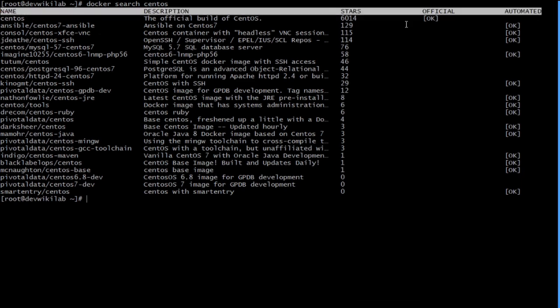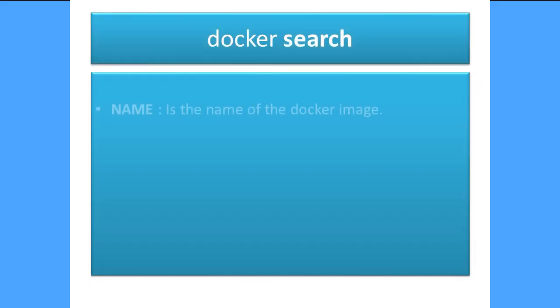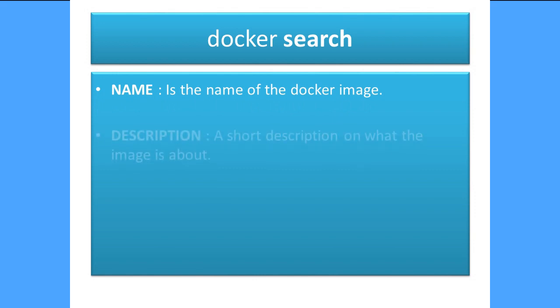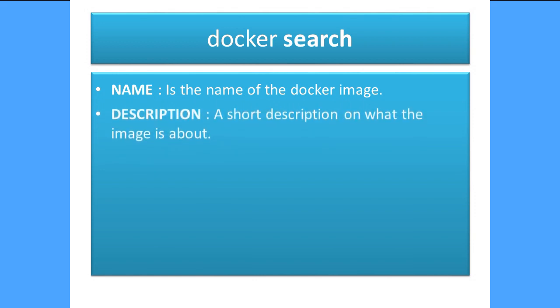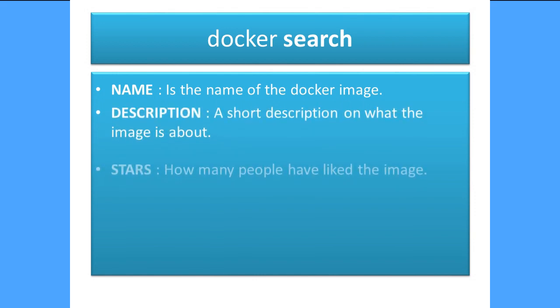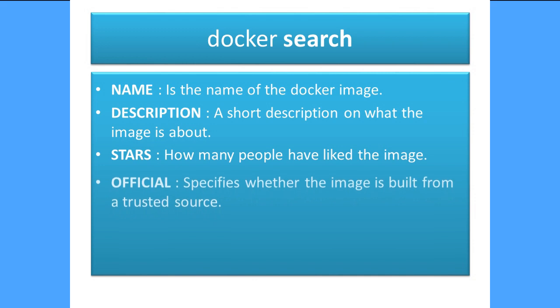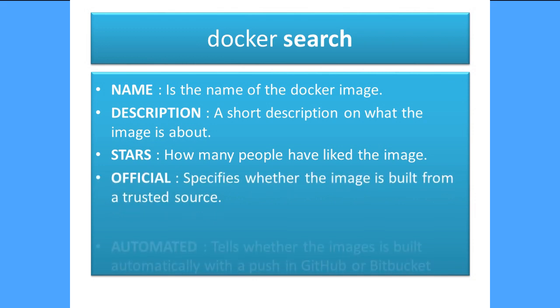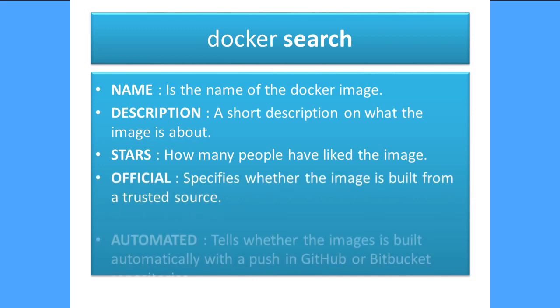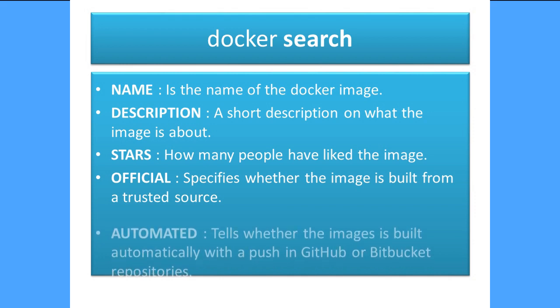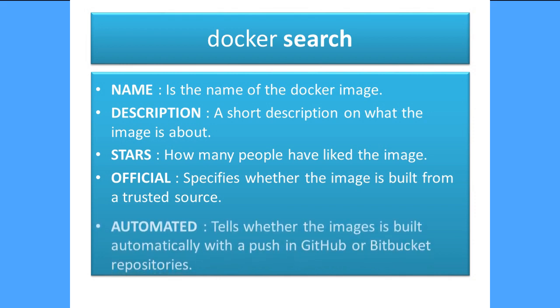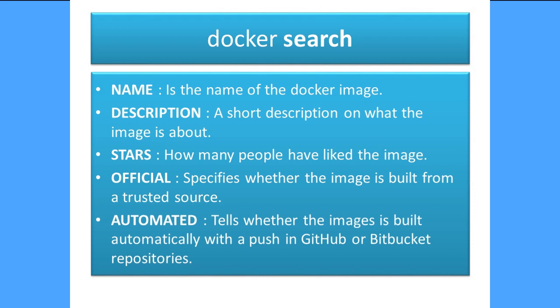Name is the name of the Docker image. Description, a short description of what the image is about. Stars, how many people have liked the image. Official, specifies whether the image is built from a trusted source. Automated, tells whether the image is built automatically with a push in GitHub or Bitbucket repositories.